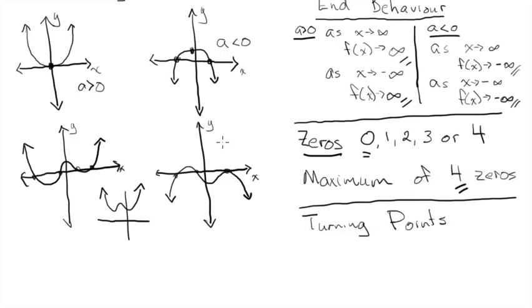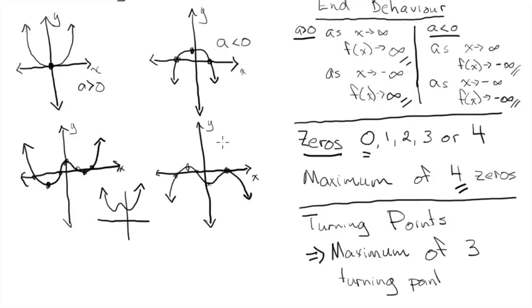But here we have more. Decreasing, turning point, increasing, turning point, back to decreasing, turning point, back to increasing. So there was 1, 2, 3. This one also had 1, 2, 3. Same with this one. That's the maximum number you could have. So max of 3 turning points.